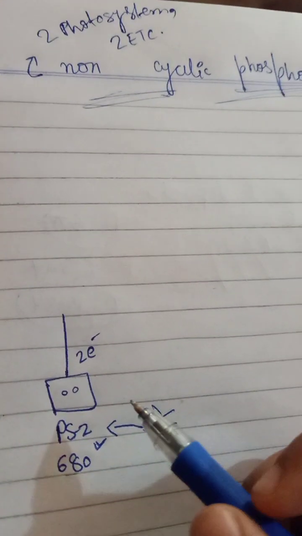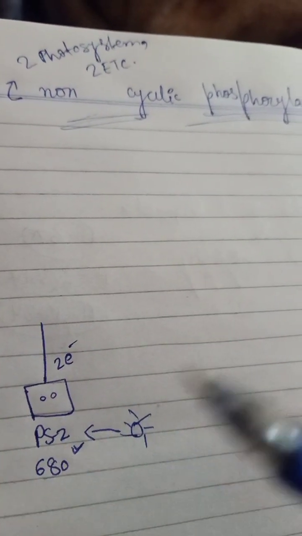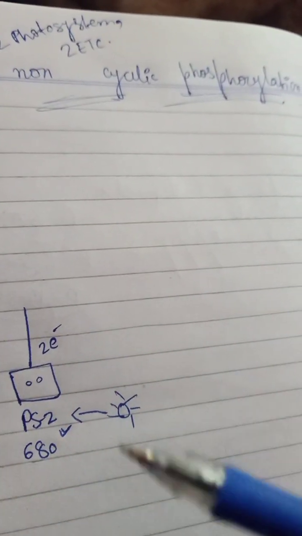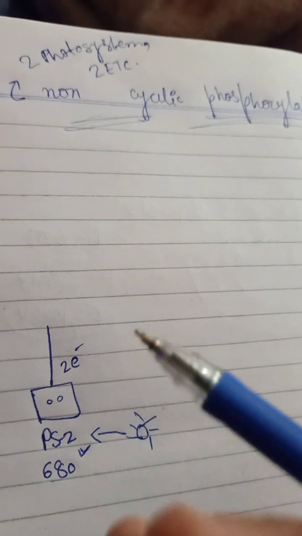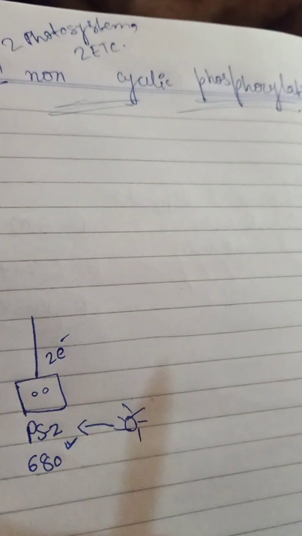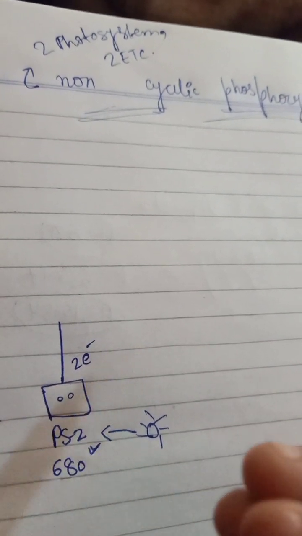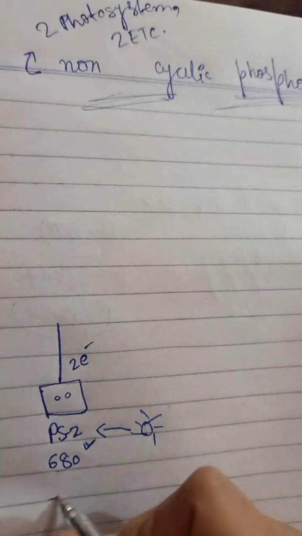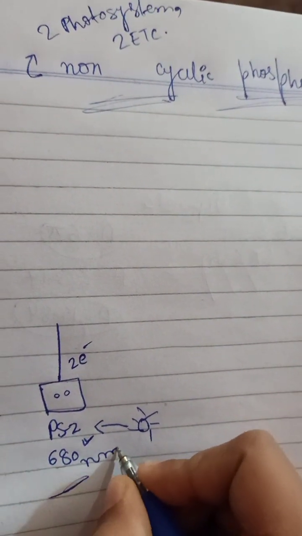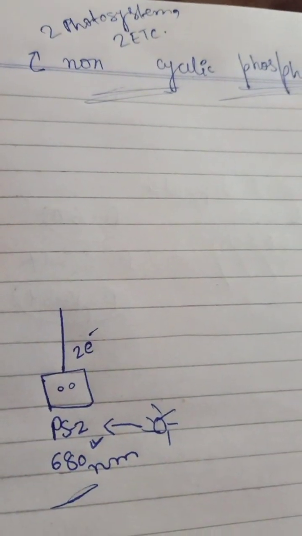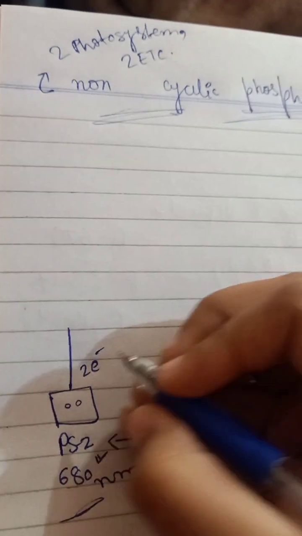The excited electrons hit the antenna complex, the energy is transferred, and it moves to the reaction center. PS2 absorbs light of 680 nanometer wavelength, and two electrons are excited, leaving a hole.